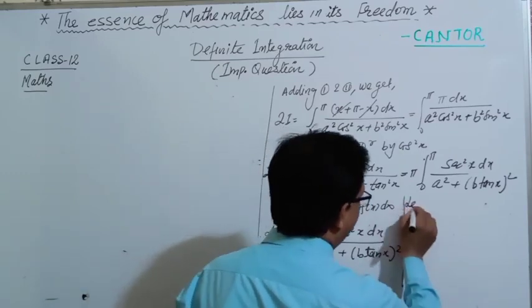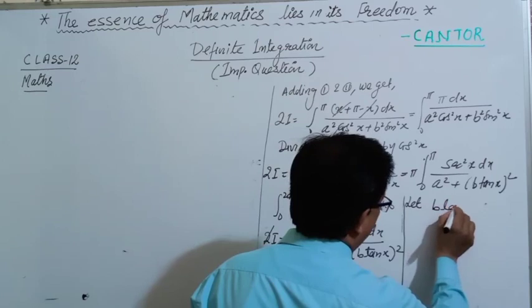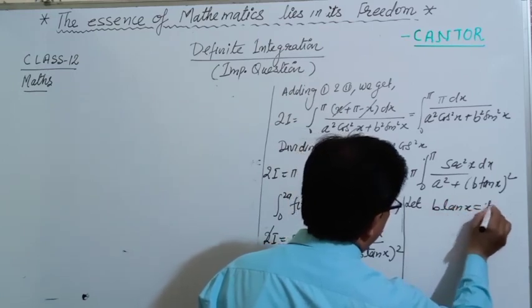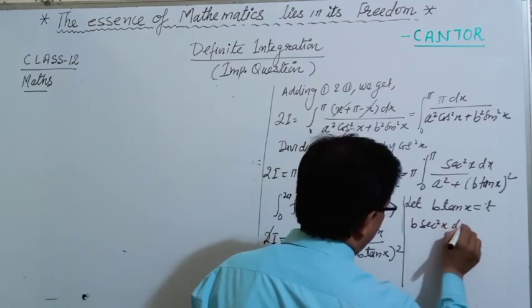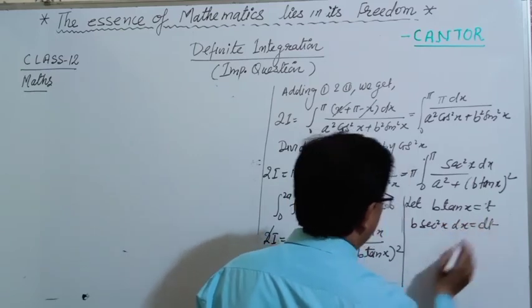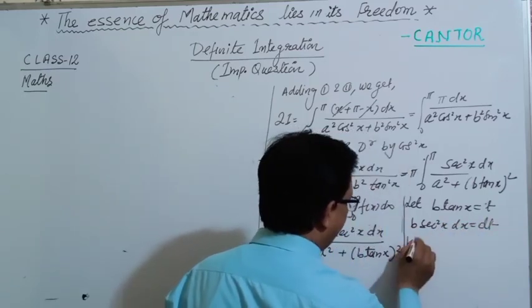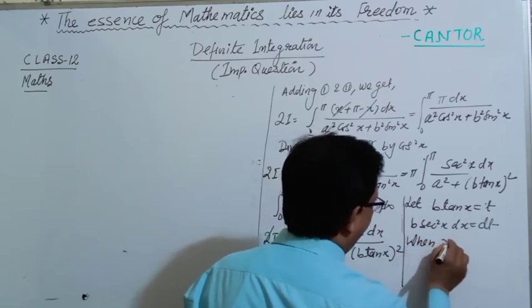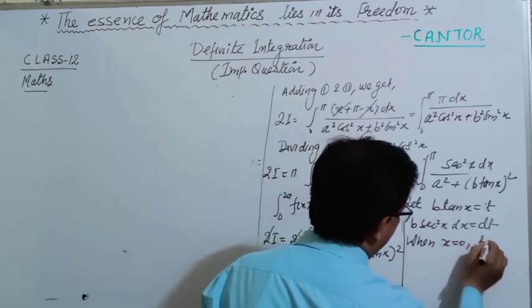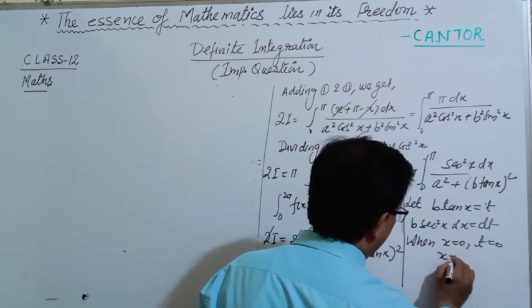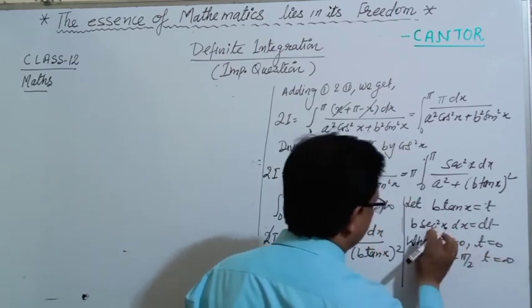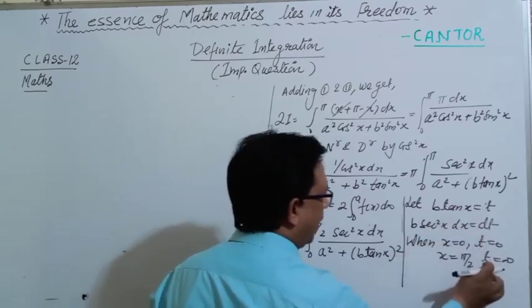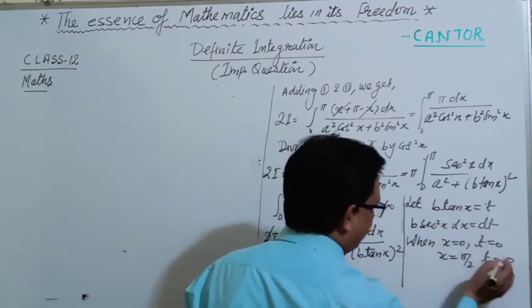Now let b tan x is equal to t, then b sec square x dx is equal to dt. We also change the limits: when x is equal to 0, t is equal to 0, and when x is equal to pi by 2, t is equal to infinity, because tan pi by 2 is infinite.